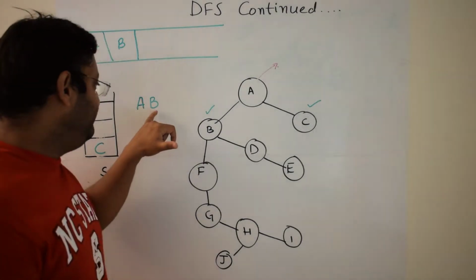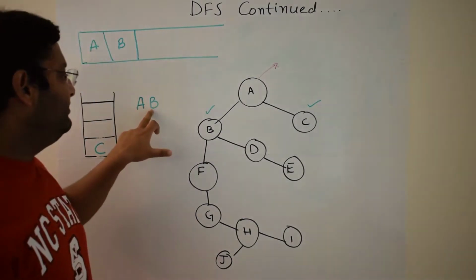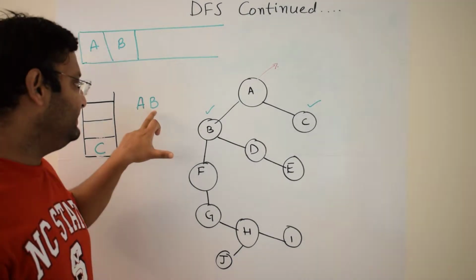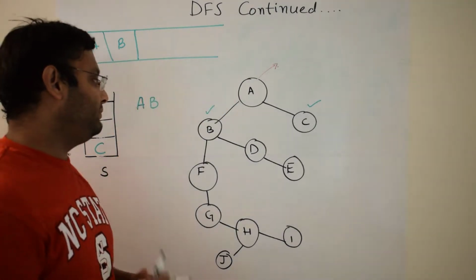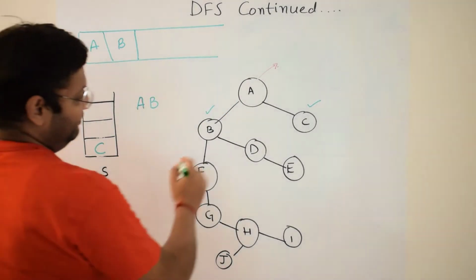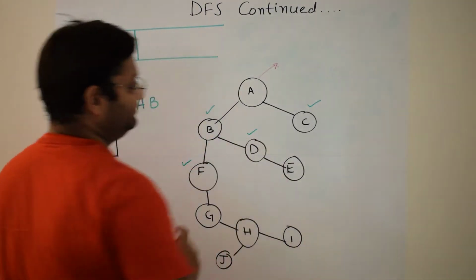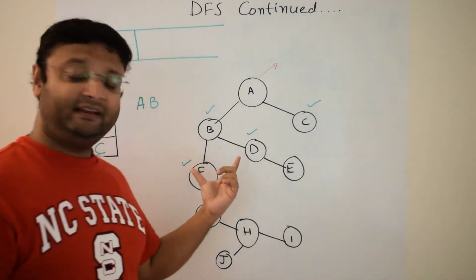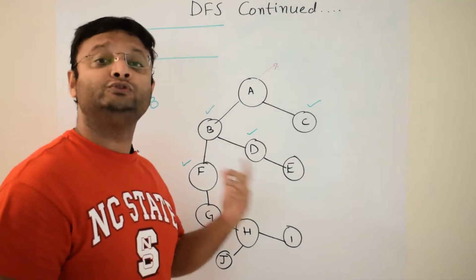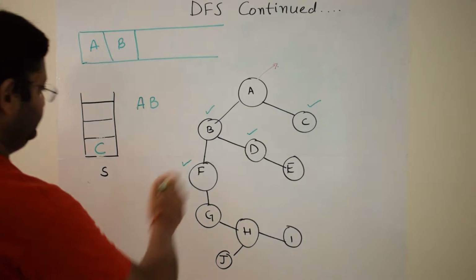Correct? So now B is out and again we'll apply the same concept which we applied when A was popped out. What are the neighbors of B? F and D. And have they been visited before? No. So push them onto the stack.